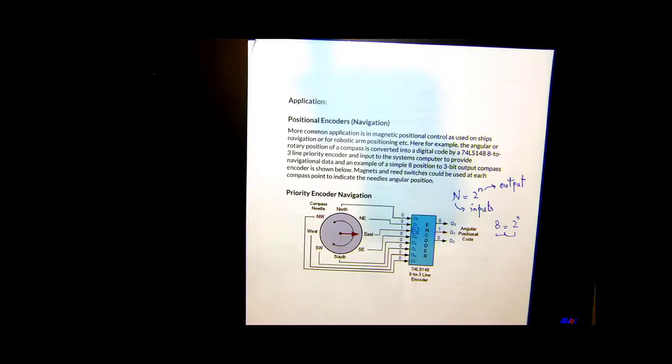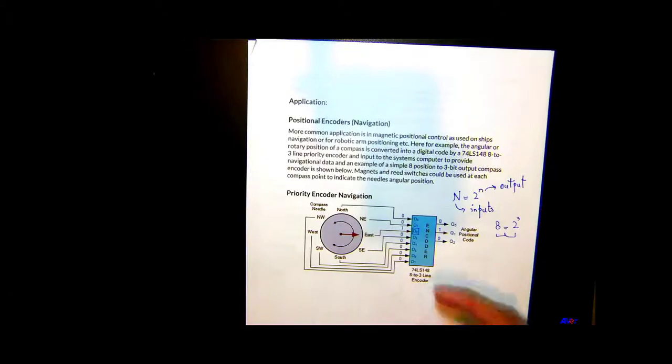If I have more sensors, more magnetic components, say for 1 degree change, and because the circumference of the circle is 360, I need to have 360 of those, and that would give me a change by 1 degree of the needle of the compass. Therefore the configuration of the encoder would change. Then 8 by 3 would not work. We would need 360 by something. So we need to go for a bigger size of the encoder.